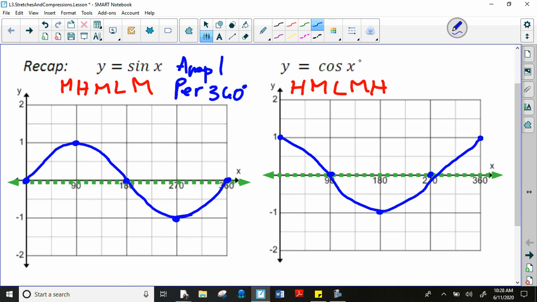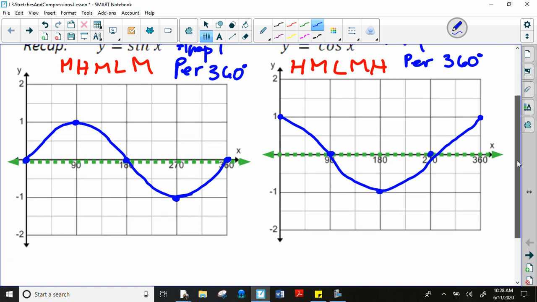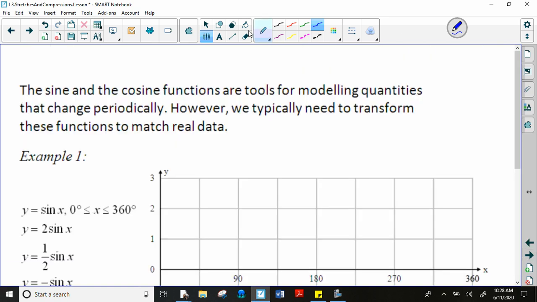Okay, and for cos as well, our base graph has an amp of 1 and a period of 360. So sine, middle, high, middle, low, middle; cos, high, middle, low, middle, high; amplitude of 1. Let's start fiddling with things.